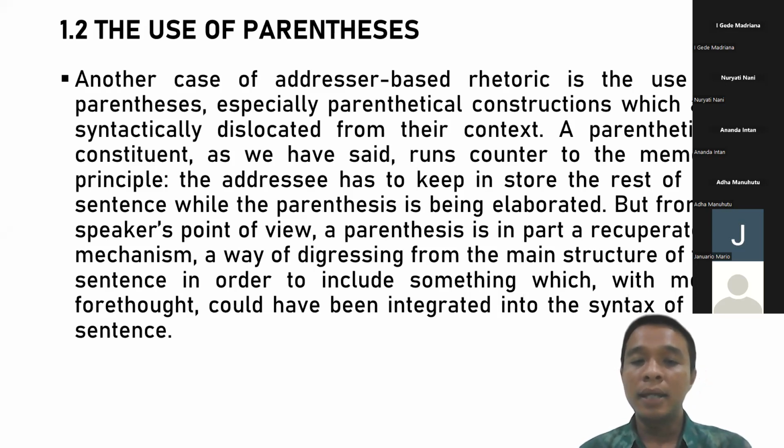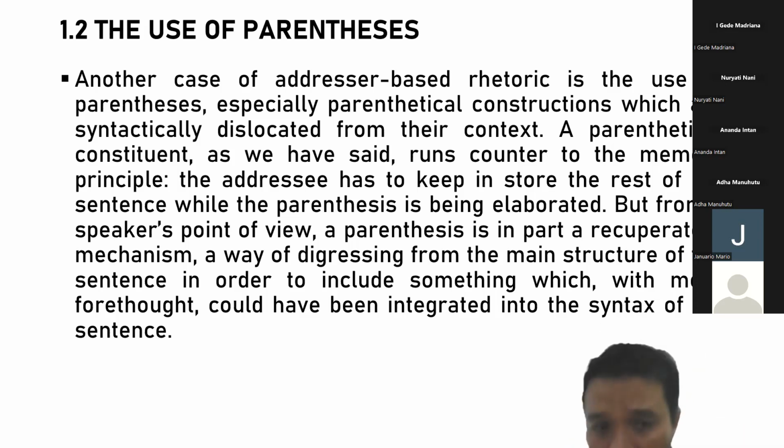The addressee has to keep in store the rest of the sentence while the parenthesis is being elaborated. But from a speaker's point of view, a parenthesis is in part a recuperatory mechanism, a way of digressing from the main structure of the sentence in order to include something which, with more forethought, could have been integrated into the syntax of the sentence.